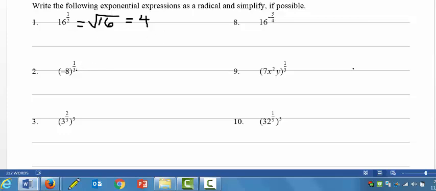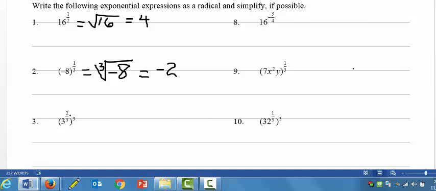Negative 8 raised to the 1/3 power, remember the denominator of the fractional exponent tells me the index of the radical, is the cube root of negative 8. The grouping around the negative 8 tells me negative 8 is the radicand because the power 1/3 applies to the 8 and the negative. So this is negative 2.